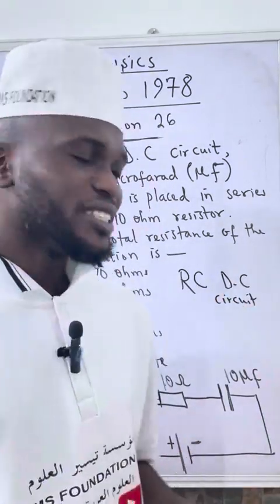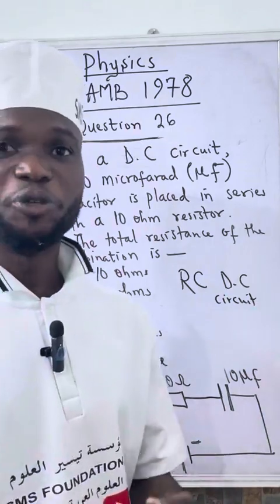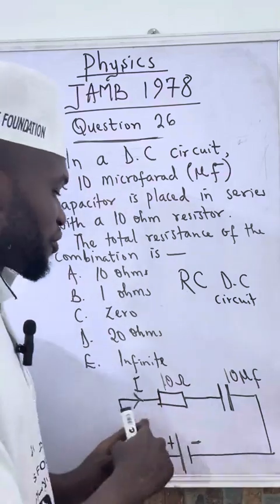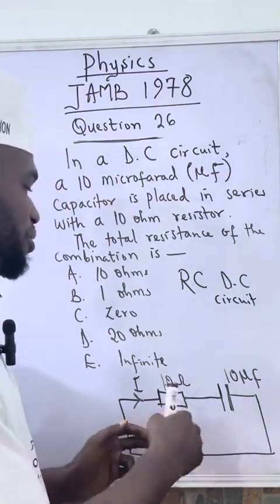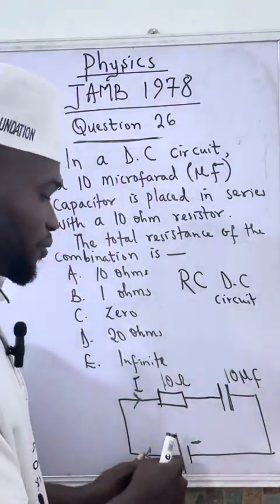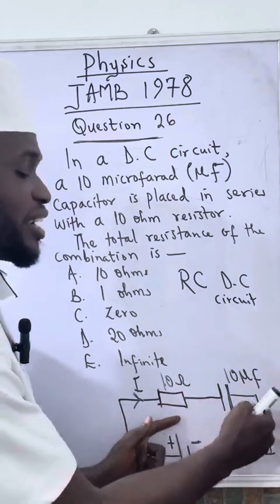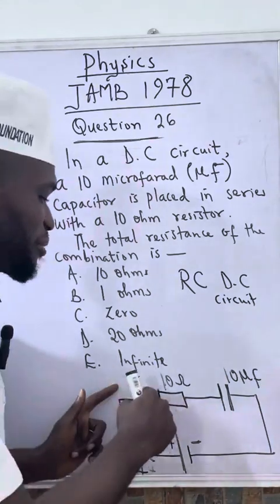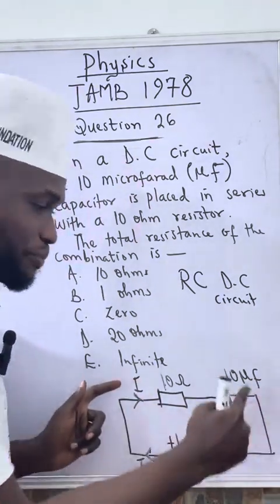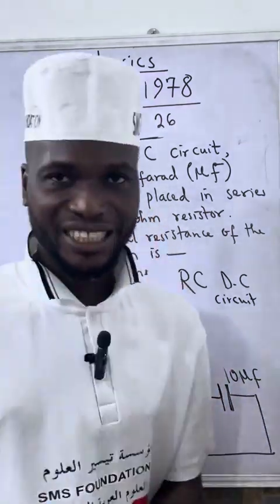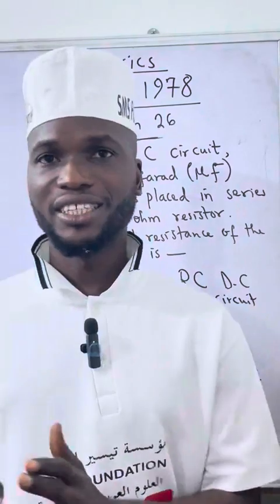So that means the amount of opposition it can offer will be zero. The total EMF of the cell will still be bigger than the EMF that each one of them will take. So the same current will flow through them when this capacitor is not yet charged. So that's the initial stage.